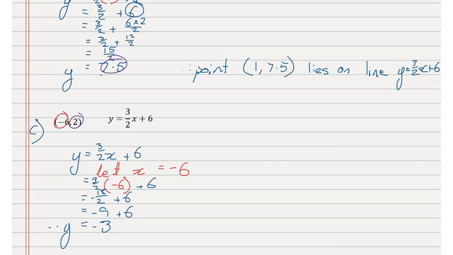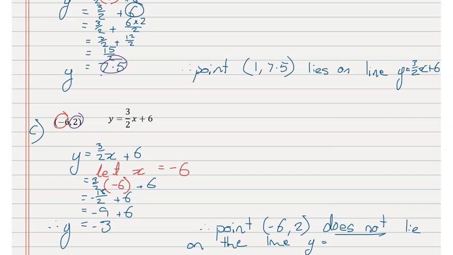Notice that negative 3 is not present here, it is 2. Therefore, point (negative 6, 2) does not lie on the line y equals 3 over 2x plus 6.